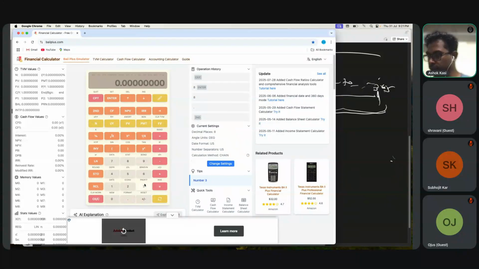Then 365 divided by 90. So 4.055, I'll store this. We can use those bracket functions for doing it faster. Yeah, you can use that one as well.